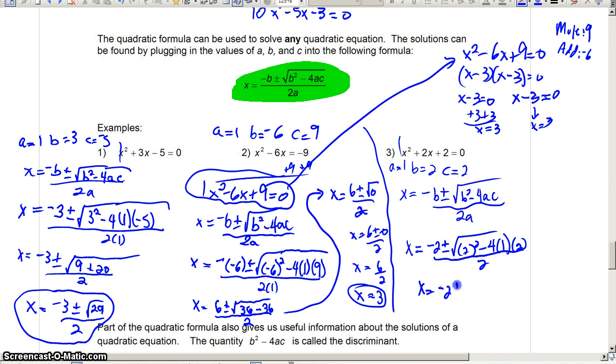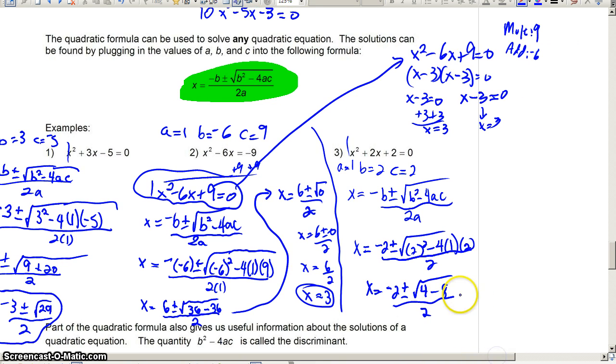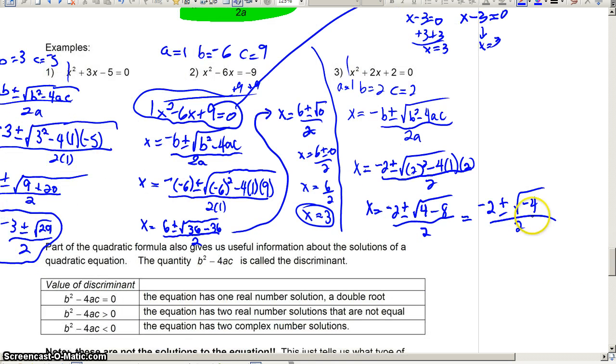Take a look at this problem, though, something different. 2 squared is 4. 4 times 1 times 2 is 8. I think you can see something is different. 4 minus 8 is negative 4. Now, when we have a negative inside of a root, what we've been doing is taking out an i.